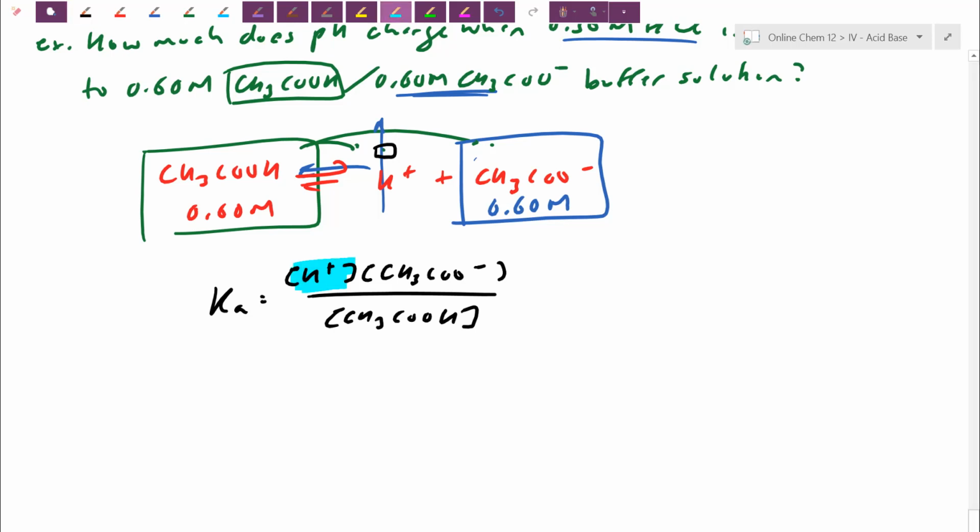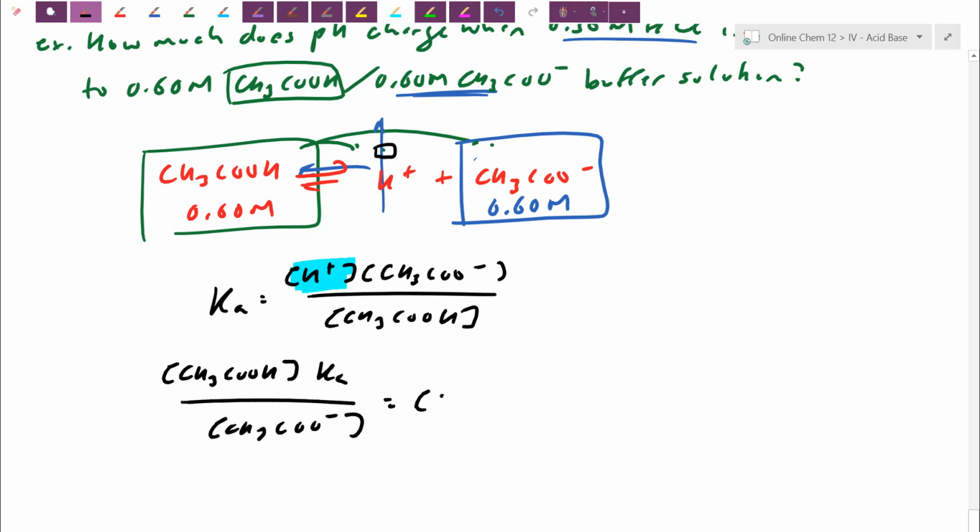So I'm just going to rearrange this expression: take the acetic acid times the Ka, divided by the acetate ion. This is going to give you the H+ content. If you can figure out the H+ content, I just need to take the negative log of that, and that gives you the pH.